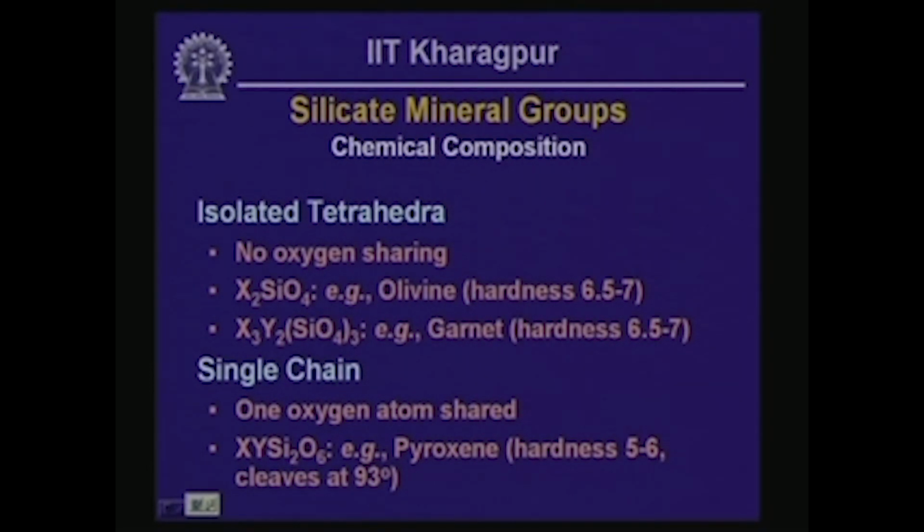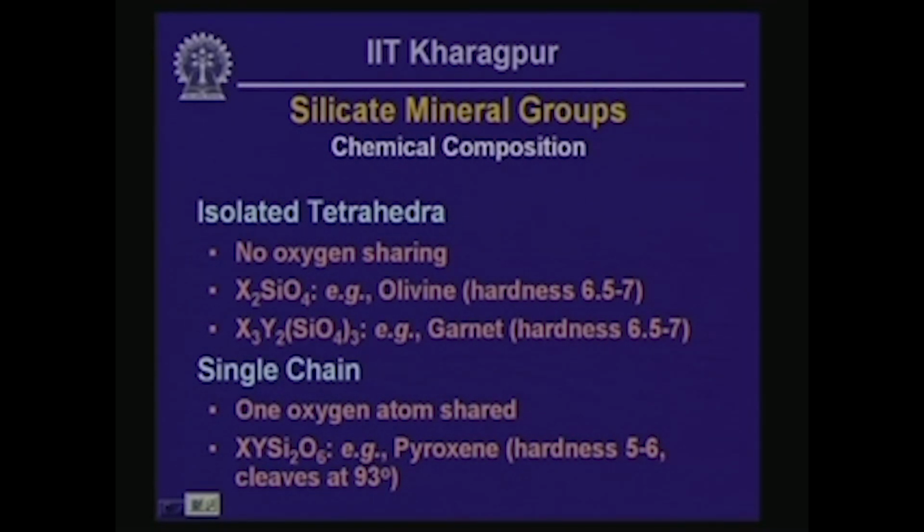Now, let us consider individual rock-forming minerals which classify as different types of silicate structures that we just discussed. The first one that we are going to consider, the simplest one, is the isolated tetrahedra.